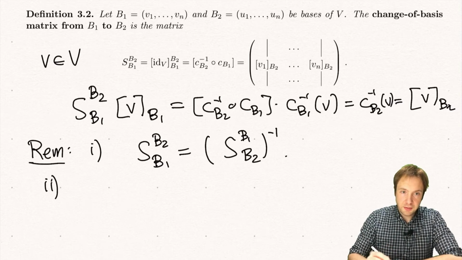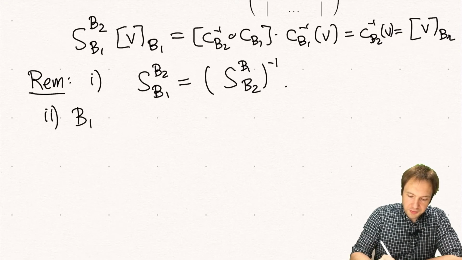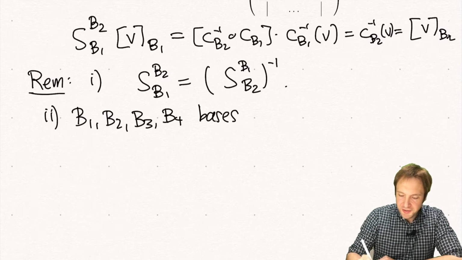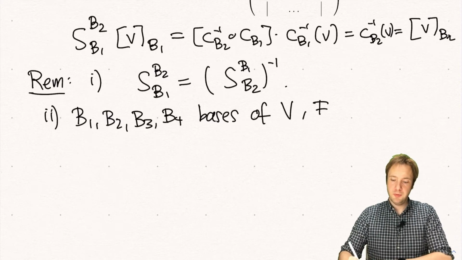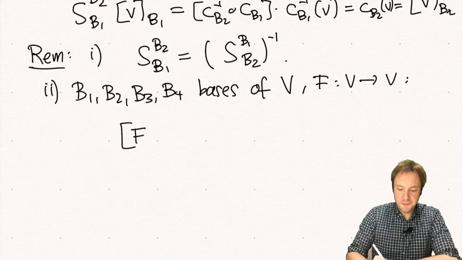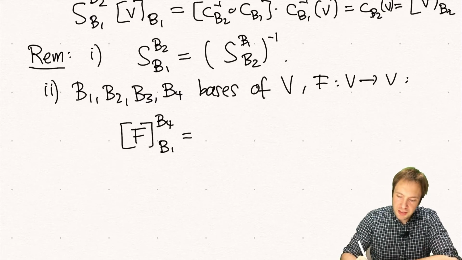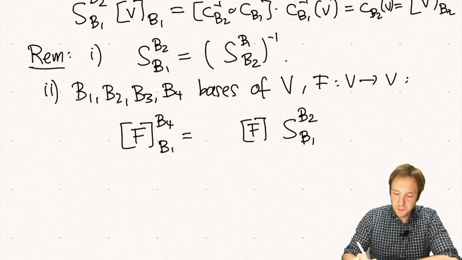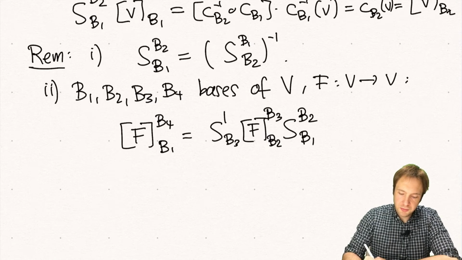And secondly, in general, it's a long statement, but if I have 4 bases of V and I have some linear map F from V to V, then if I consider the matrix of F from the basis B1 to B4, what I can do is change first the basis from B1 to B2, then consider the matrix of F with respect to bases B2 to B3, and then change the basis from B3 to B4.